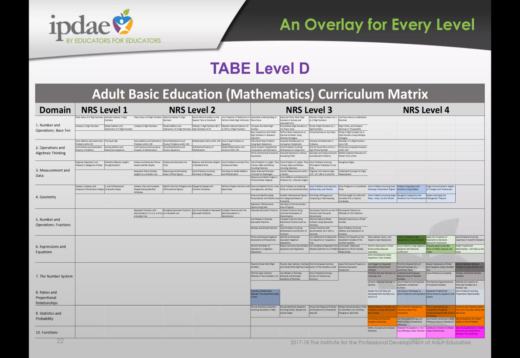That's why this overlay is really important, because if you narrow down your view and strictly focus on NRS level 4, but your goal is really to achieve maximum performance on the TABE 11 and 12, you have to look at the blueprints. You have to look at the TABE overlay so that you're not missing out on those key components that are still assessed or that are crossing levels of the TABE test, if you get what I'm saying.